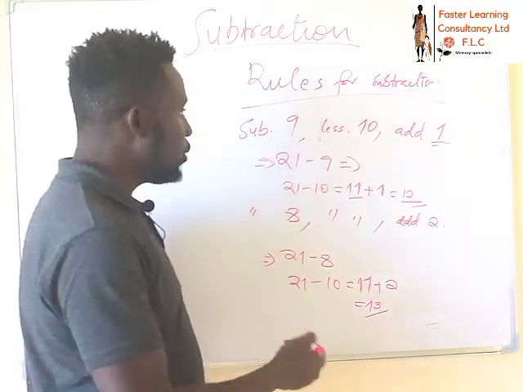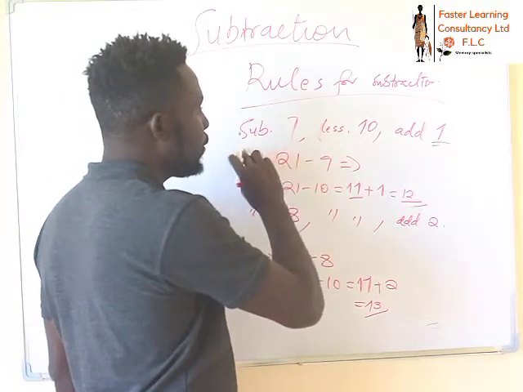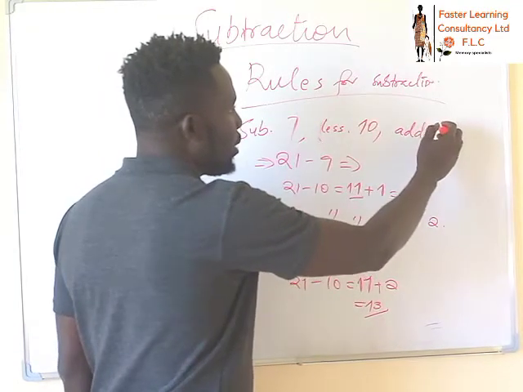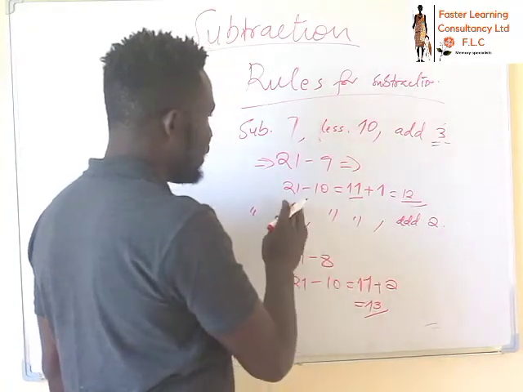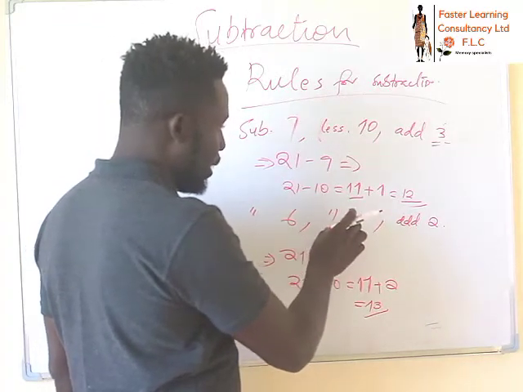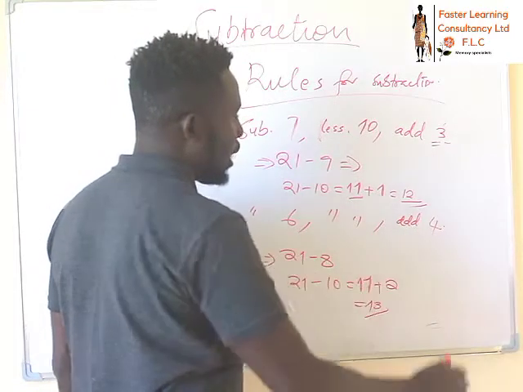The same way you do with 7: you subtract 10 and then add 3. For 6, the same, you subtract 10, and here add 4.